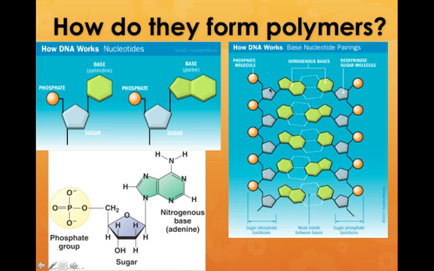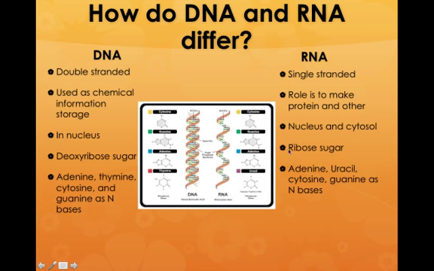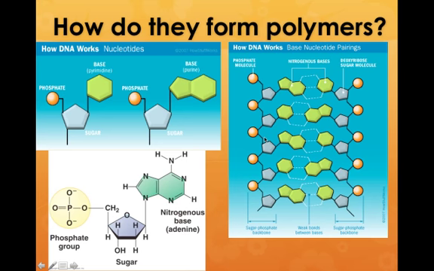The only thing that differs between nucleotides is the nitrogenous base. It could be adenine, guanine, cytosine, uracil, or thymine, depending on whether it's DNA or RNA. The other strand has its 5' phosphate backbone as well. Very important to understand.